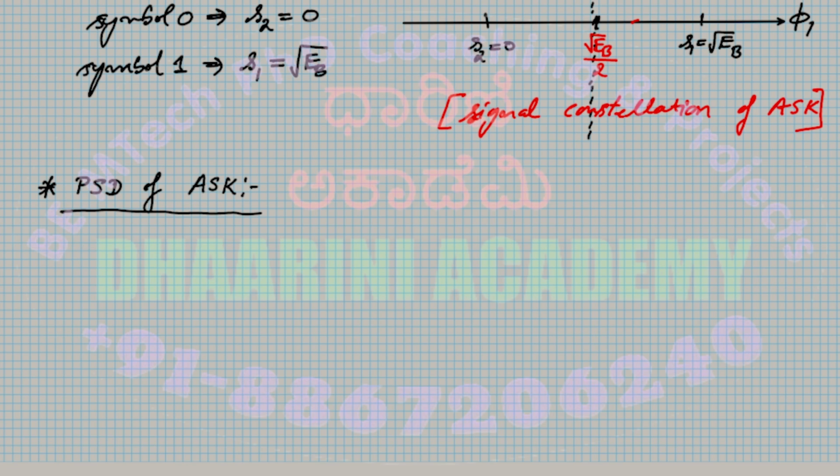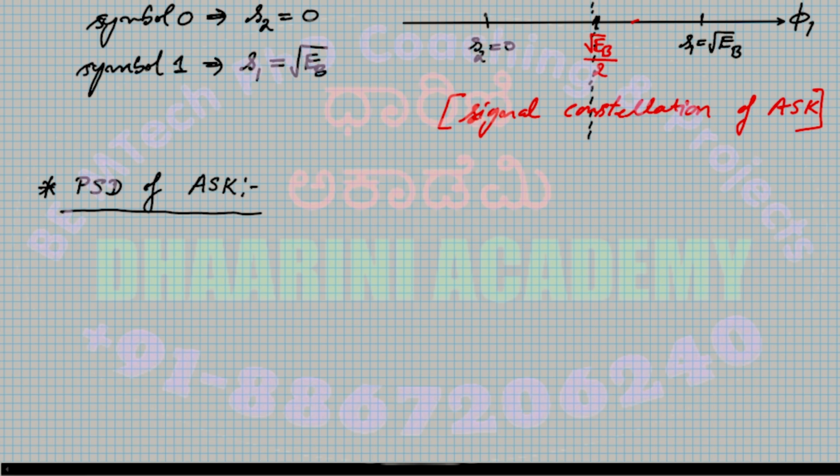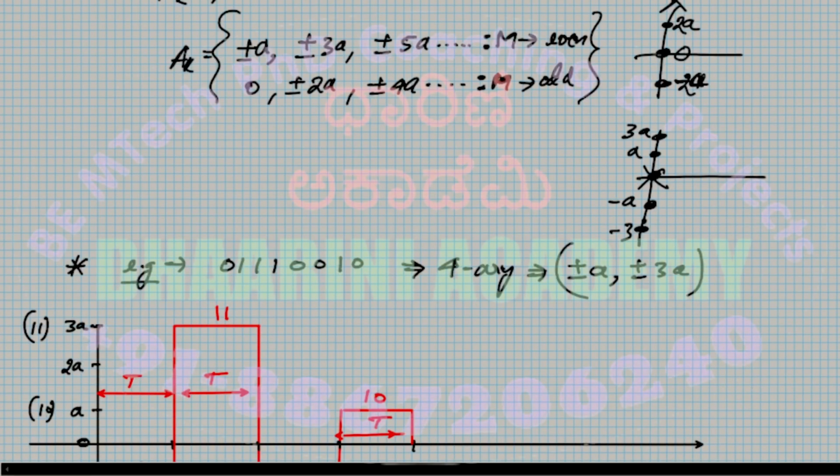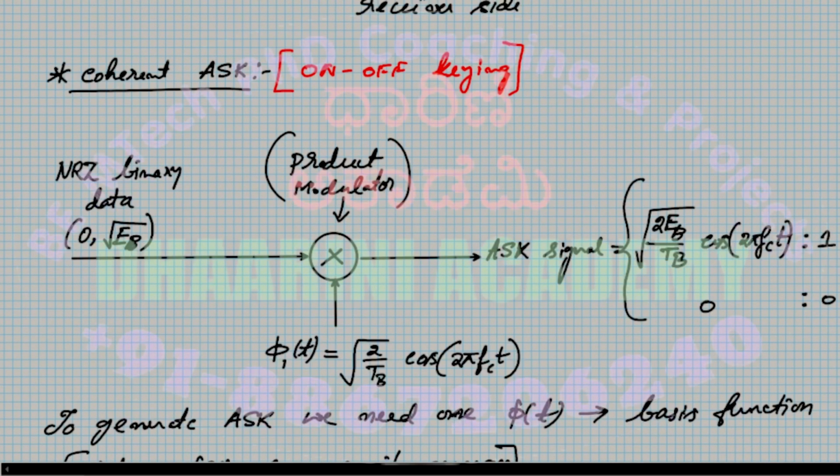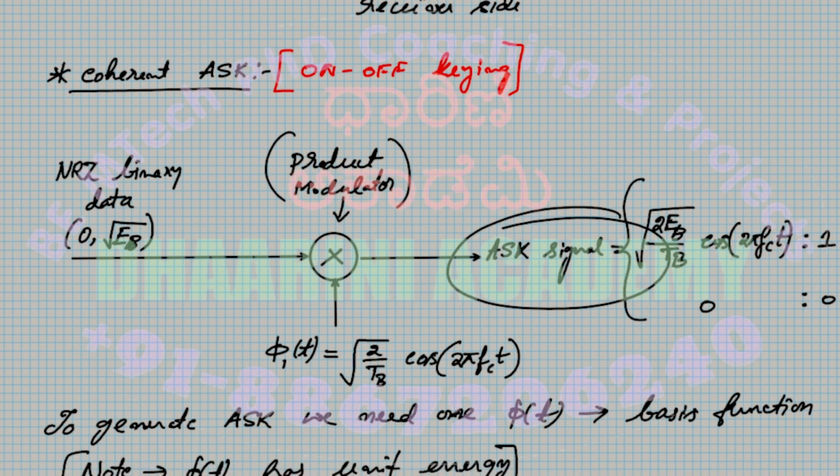In the frequency domain, I am writing the ASK's PSD. Because I am writing the PSD of the total, let me show you the diagram once. I'm trying to write the PSD of this. So directly we write this.